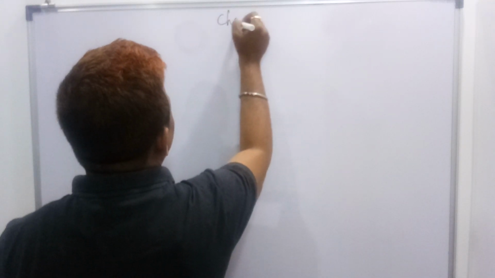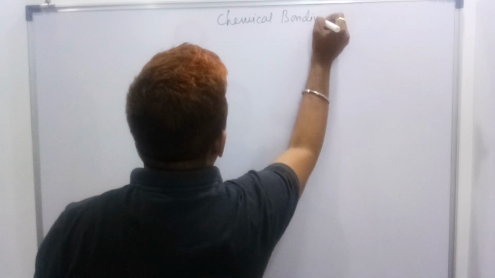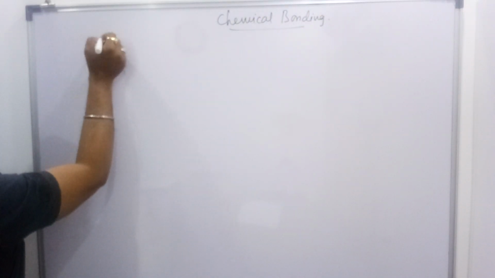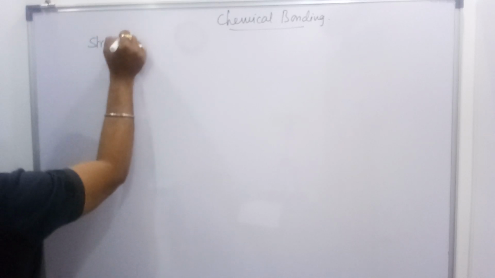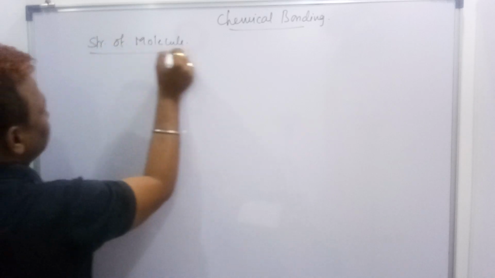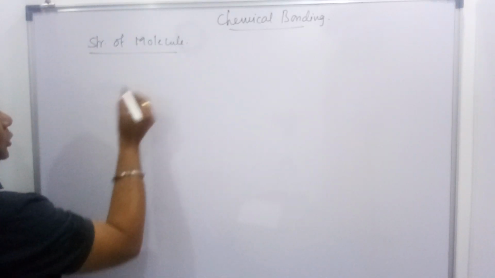Today I am going to explain the structures of molecules. In this part of chemical bonding, we are going to learn how to draw the structure of a molecule, or the molecular structure. To know the structure and shape of a molecule, we require two concepts.